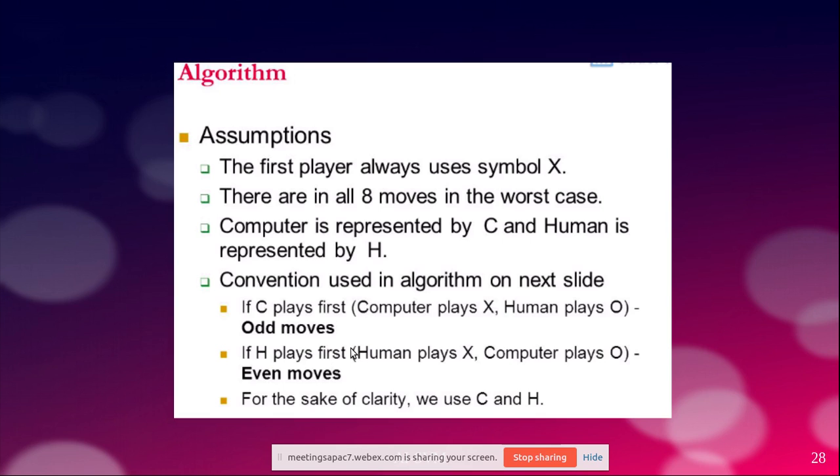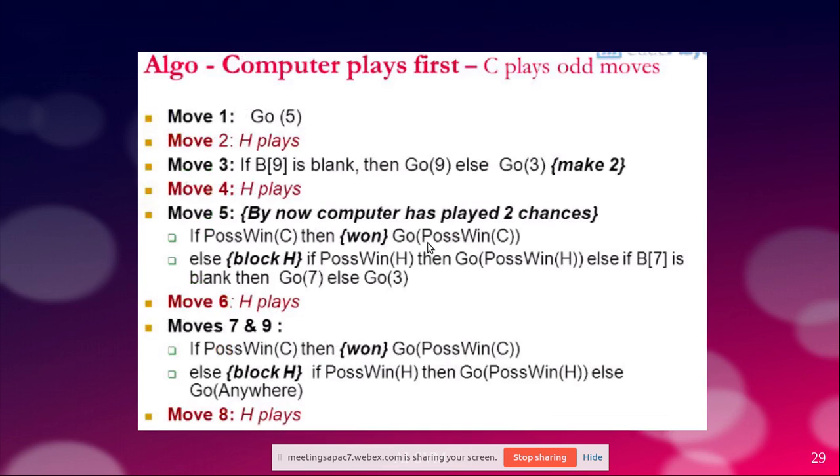Or if human starts the game, then human plays X, computer plays O, and computer plays all even moves 2, 4, 6, and 8. So for the sake of clarity, let us use C and H instead of human, computer, first move, second move, player one, player two, and all that.